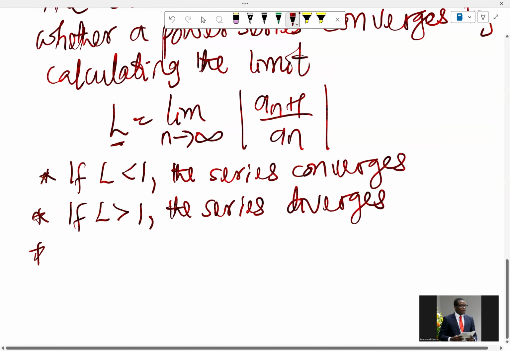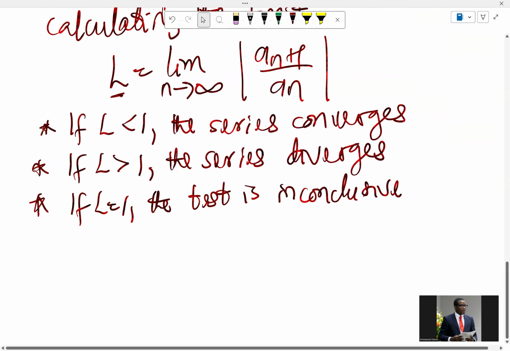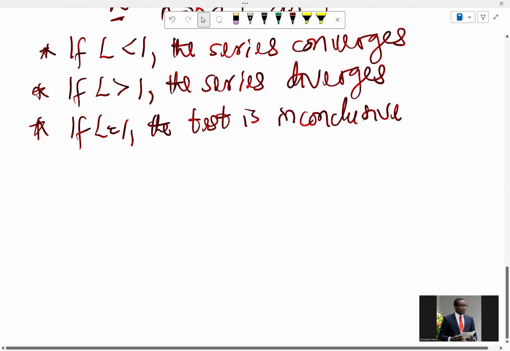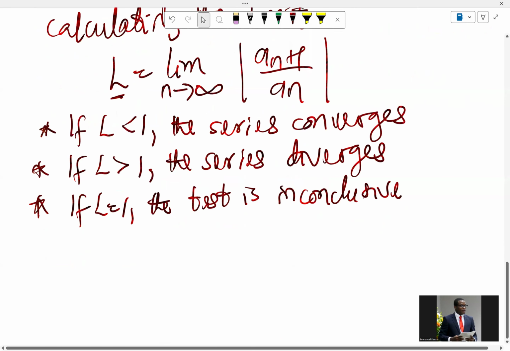Lastly, if L is equal to 1, the test is inconclusive, and you may need to do further investigation to be sure. So let's look at some examples under the ratio test.